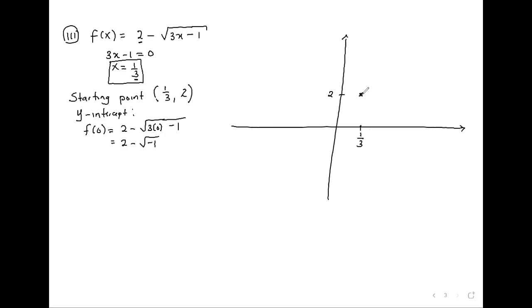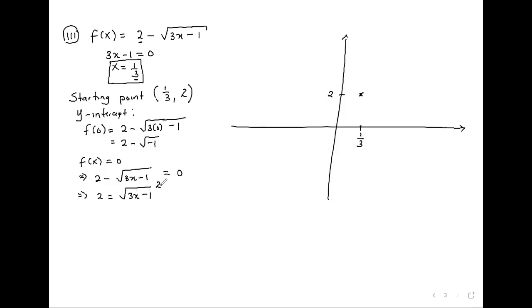So let's check if there are x-intercepts by equating f of x to 0, implying that 2 minus the square root of 3x minus 1 is equal to 0. This is 2 is equal to the square root of 3x minus 1.